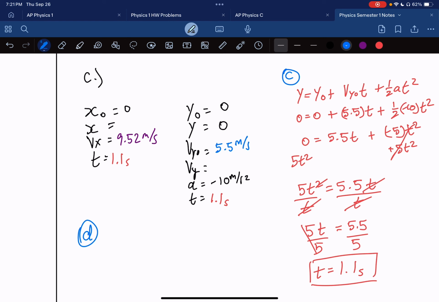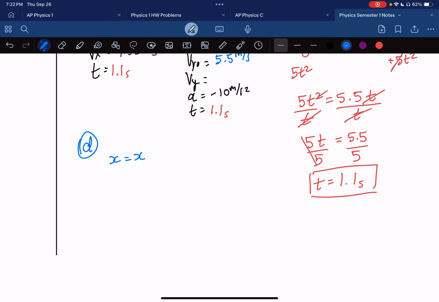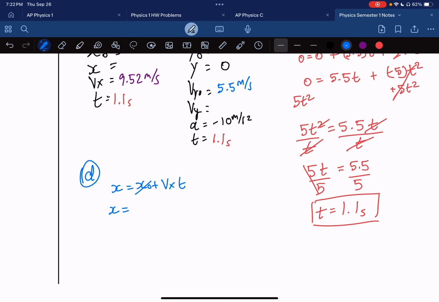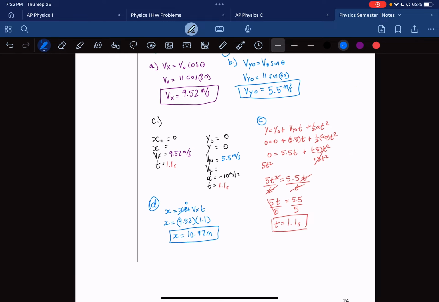So let's do part D. X is unknown. X naught is 0. Vx is 9.52. And the time is 1.1 seconds. 9.52 times 1.1 seconds is 10.47. You can just call it 10.5 really. That's how far it travels horizontally.